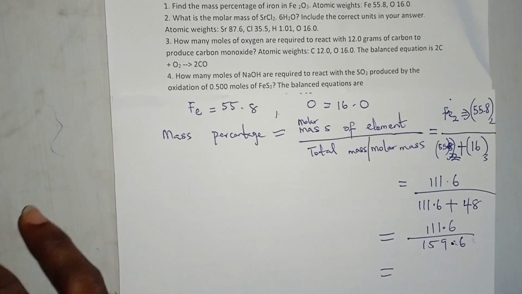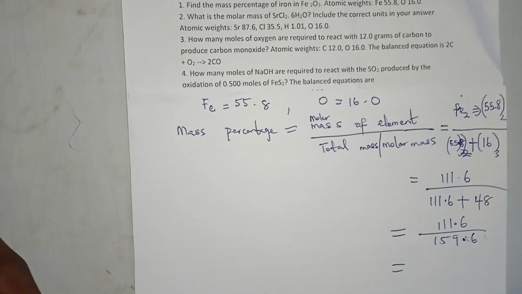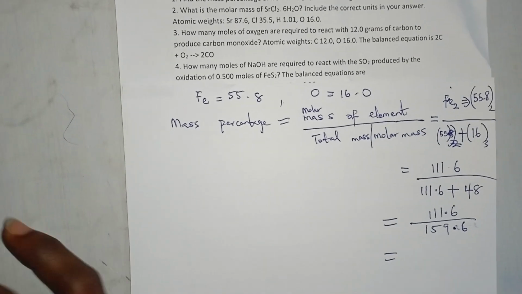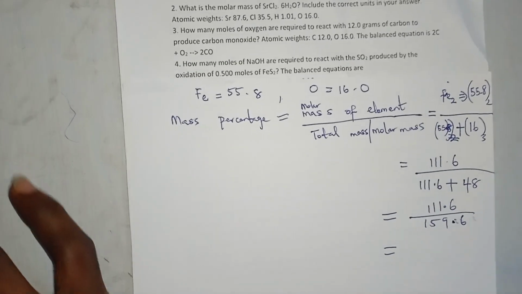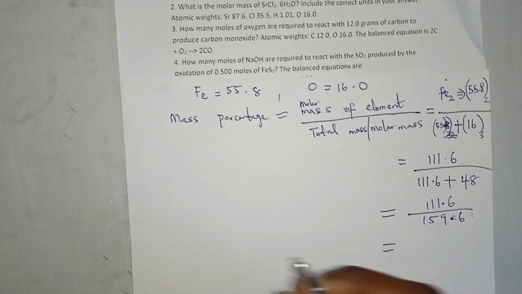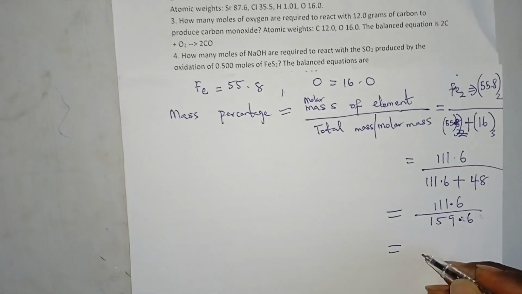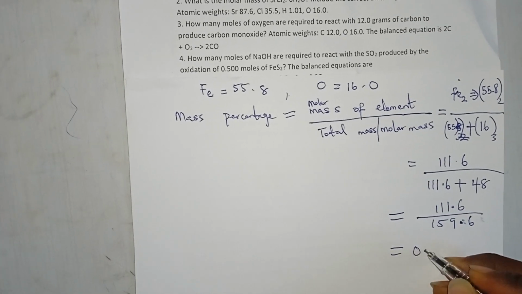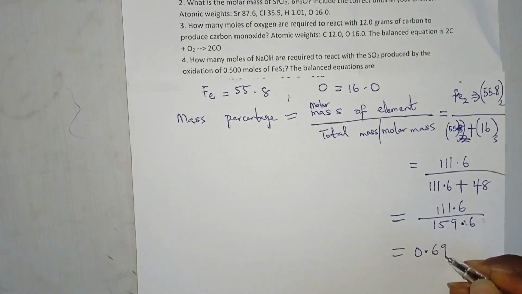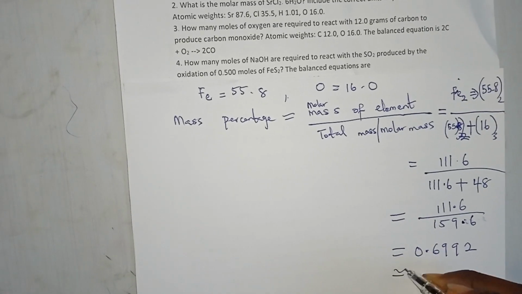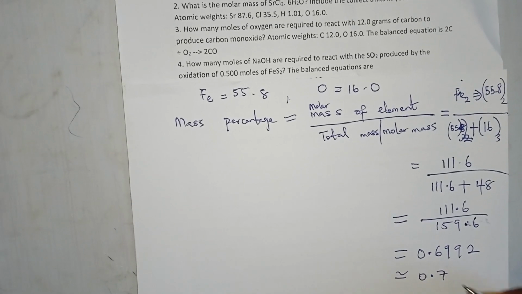So we have 111.6 divided by 159.6. So we have 0.6992, which is approximately 0.7.